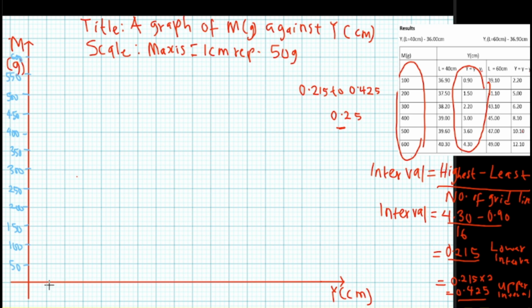So each grid line here, or each big box, each bold grid line here is going to be 0.25 on my horizontal. So I come here, I record it down, 0.25, 0.5 and the likes.